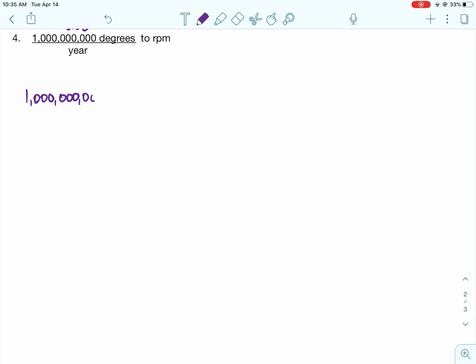Okay, and the last one we're going to do is 1 billion degrees per year. Okay, so we're going to take 1 billion degrees per year, and we're going to change that to RPM. Now, I just talked about RPM is revolutions per minute.